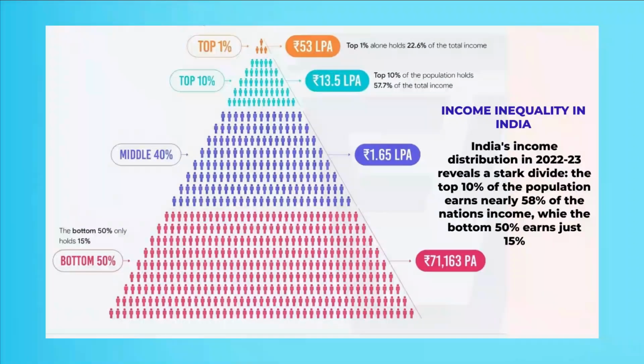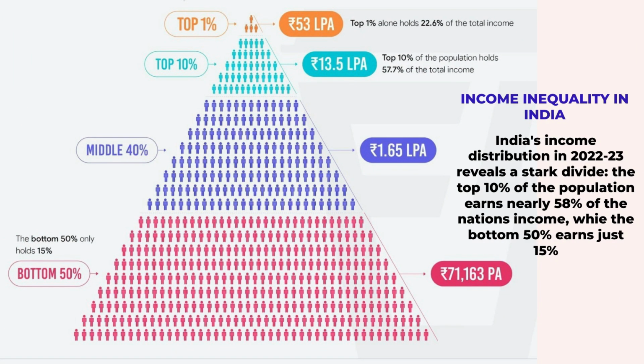Another chart shows the income distribution for the year 2022 to 23. Top 10%, this group holds 57% of the total income, with an average income of 53 lakh rupees per annum. Middle 40%, they hold 35% of the total income, averaging 13.5 lakh rupees per annum.